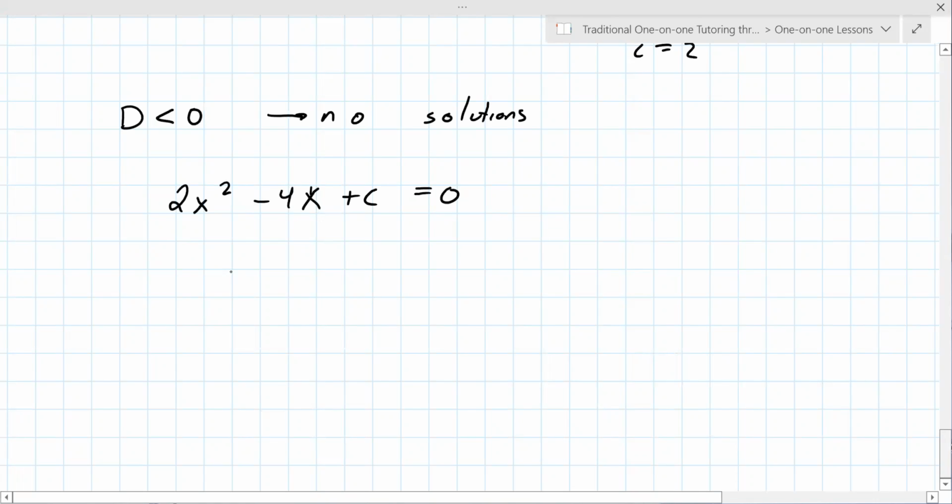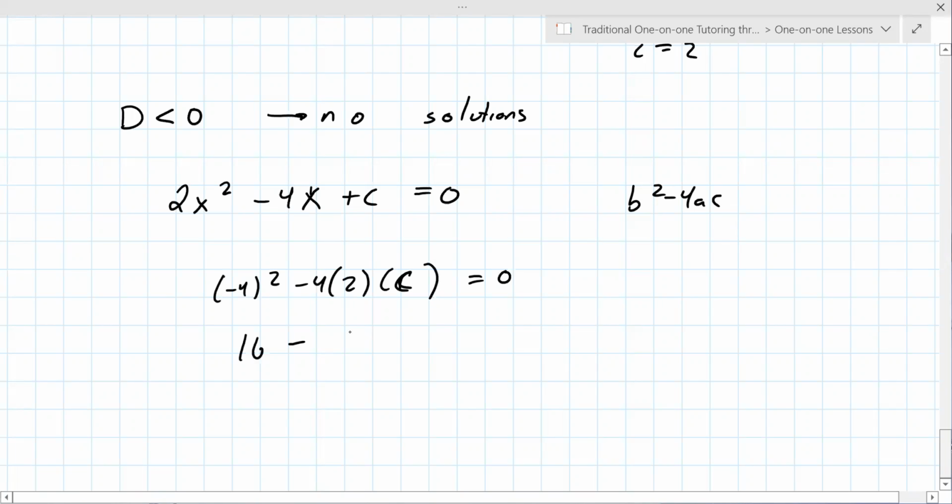So you do that B squared minus 4AC thing again. -4 squared minus 4 times 2 times C. 16 minus 8C. But this time we don't want it equal to 0. We want it less than 0. So it's the same thing though. This time it's that C has to be greater than 2 for this to be the case.